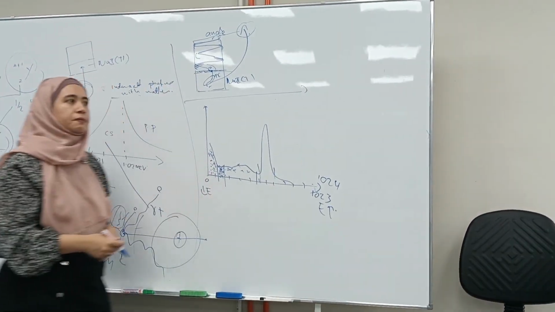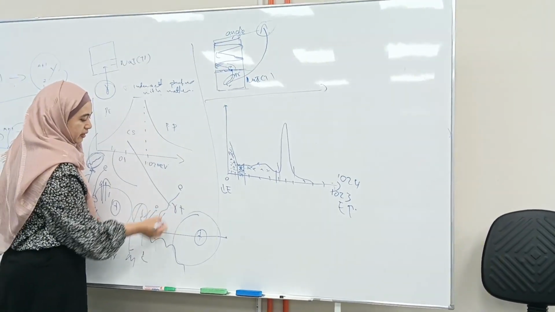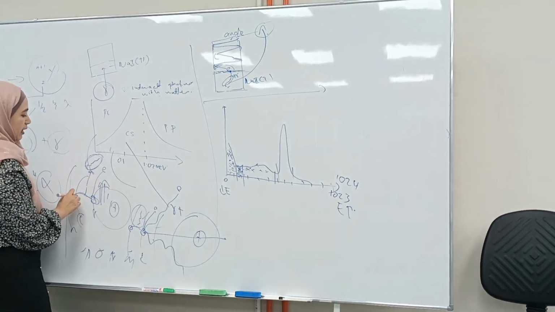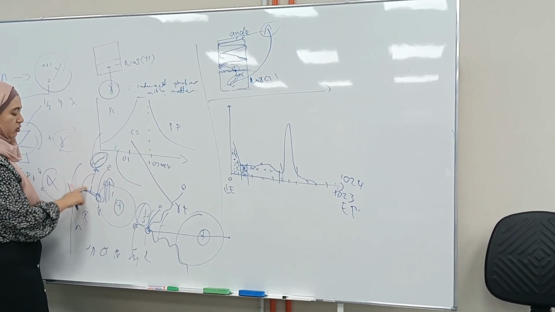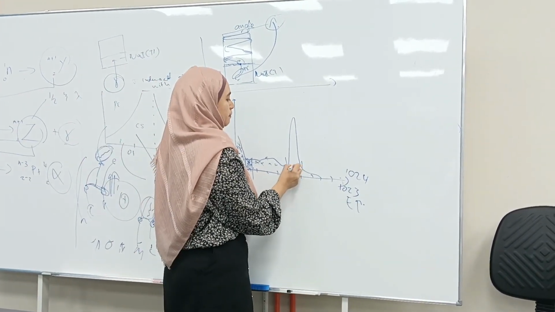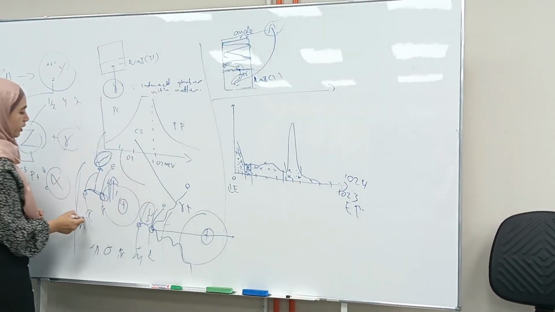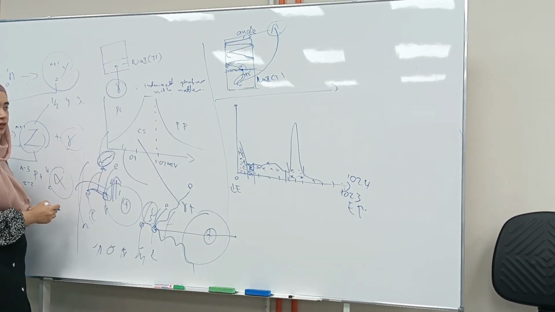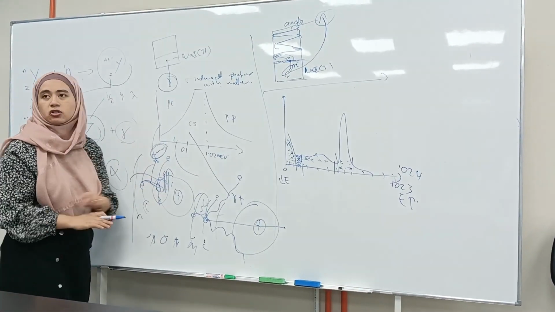The photoelectric peak occurs at a specific shell electron, normally K, and the energy would normally come from L, the electron filling in the vacancy. Most likely it will be here, but it varies, sometimes here, sometimes here, depending on which electron is filling in the vacancy. But the energy would be almost the same because the binding energy of K is always the highest.